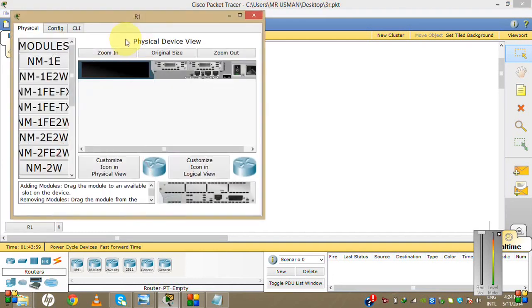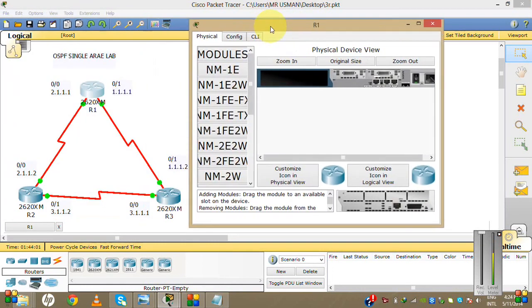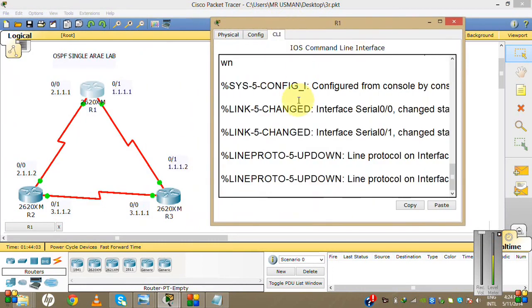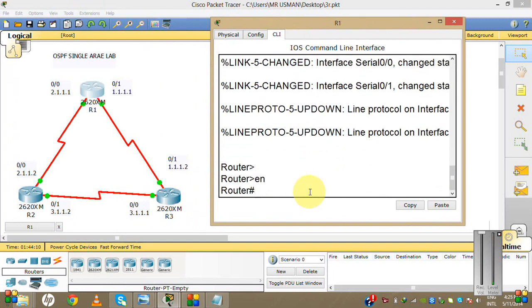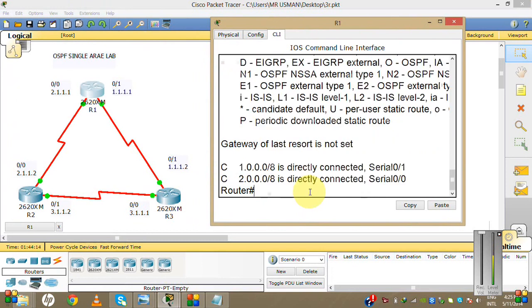I'm going to check its routing table to see whether all the routes are present in it or not. Enable, show ip route command to see the routing table.